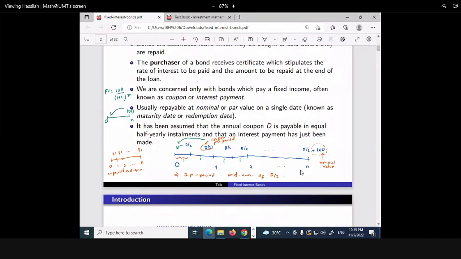So I would like to hear from you, what is the relation between what you have learned in chapter 1 with the structure of payment of coupon of the bond?